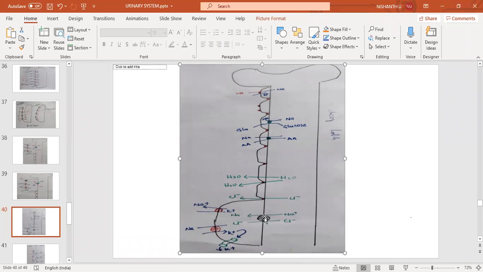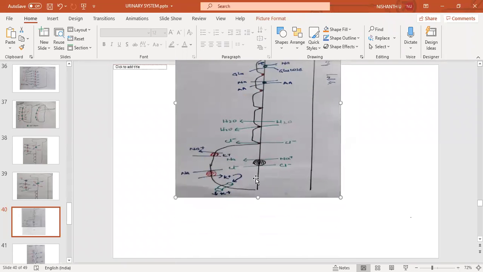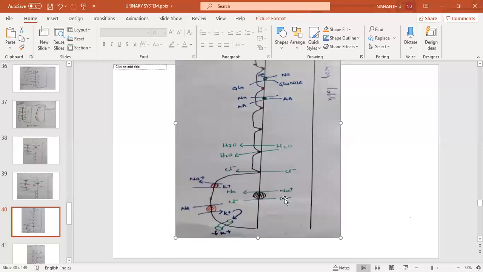First one. Here you can see one transporter. Sodium is moving from the tube into the cell. Along with sodium, you can see chloride also is moving. This is something different. It is not like what we discussed in glucose and amino acid. This is a co-transporter.